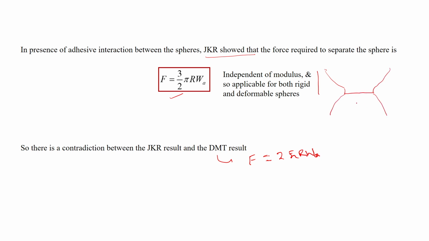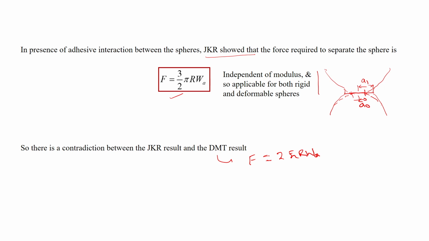In the case of Hertz mechanics, we have this dotted line trace of these spheres, so the contact was only this much. That was A0 here, and after this, because of this adhesion, the contact area increased to A1. So, the adhesion was within this contact area, that was JKR.